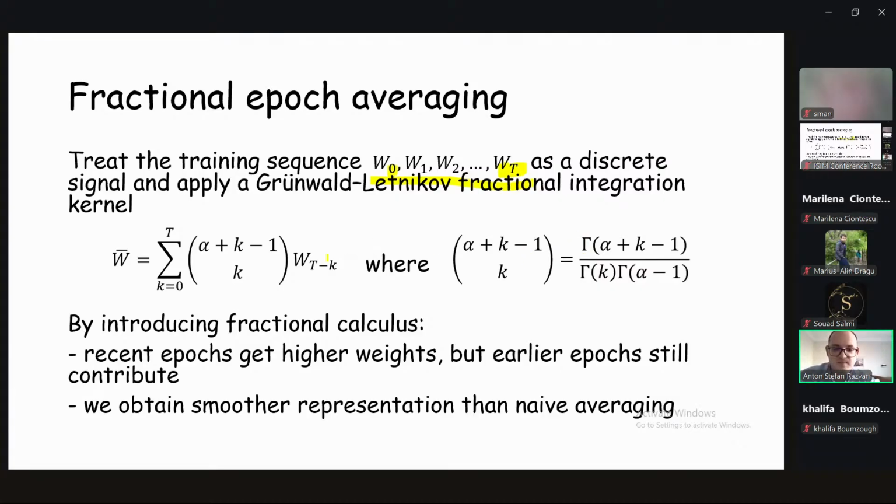It's very easy, and suddenly you gain a better way to do weight averaging, because you still get recent epochs with higher weights, but now earlier epochs still contribute. So you're not wasting the early compute.